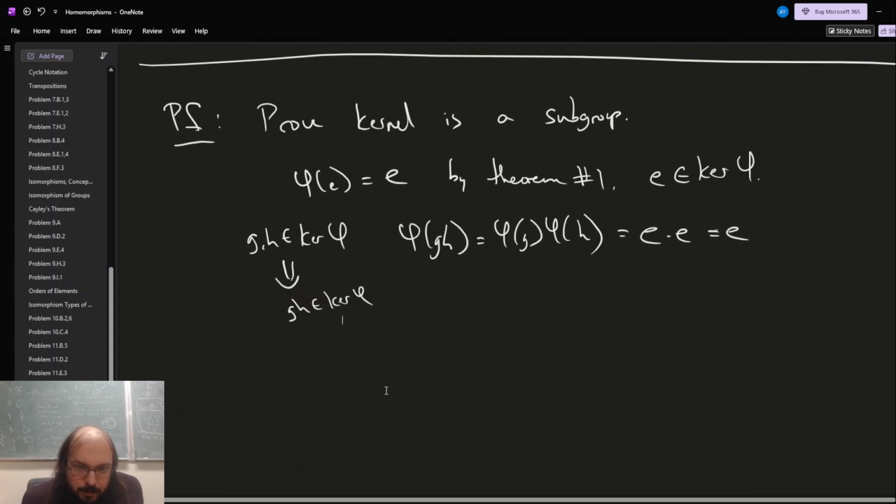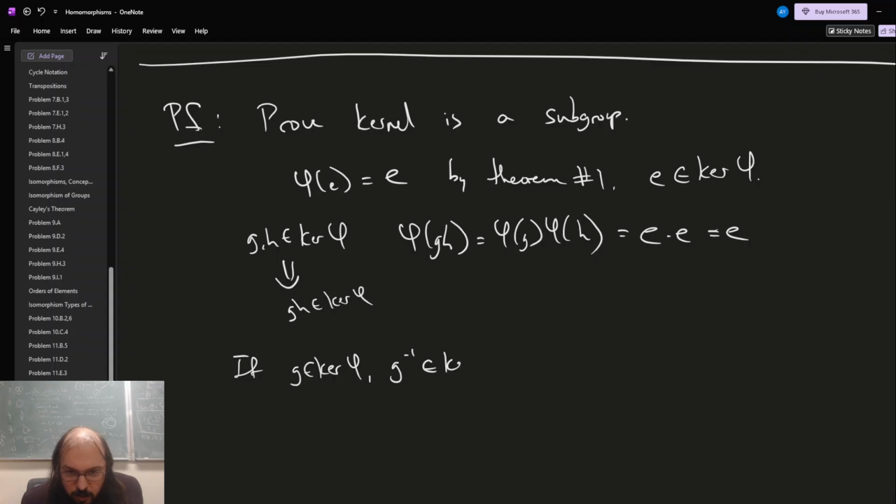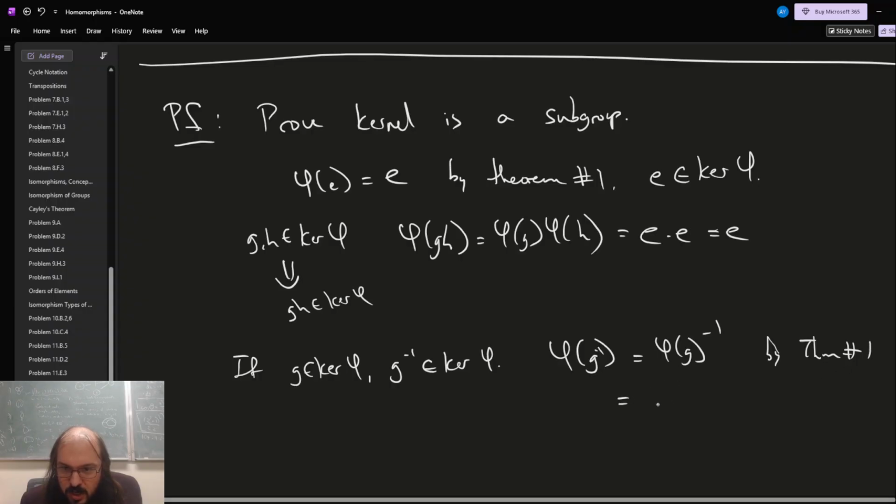And then lastly, if g is in the kernel of phi, I need to see that g inverse is in the kernel of phi. Well, phi of g inverse equals phi of g inverse, also by theorem 1. But phi of g is e by assumption, since it's in the kernel, and e inverse is e. So g inverse also belongs to the kernel of phi.